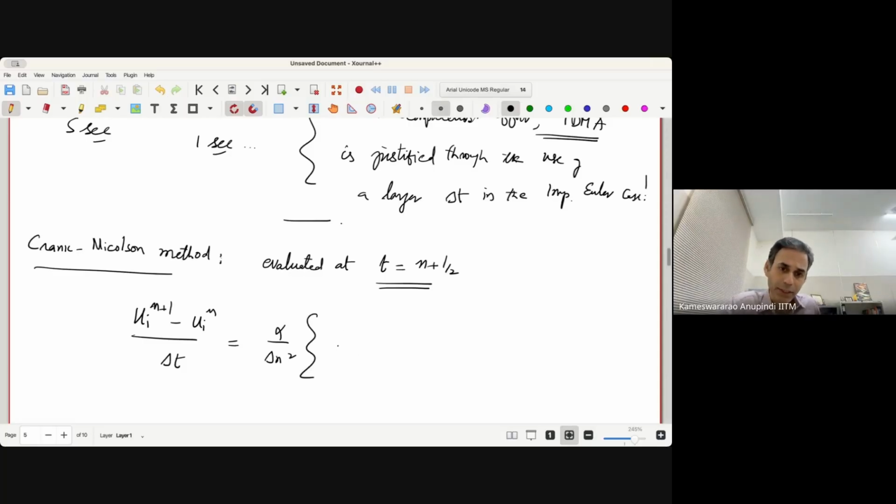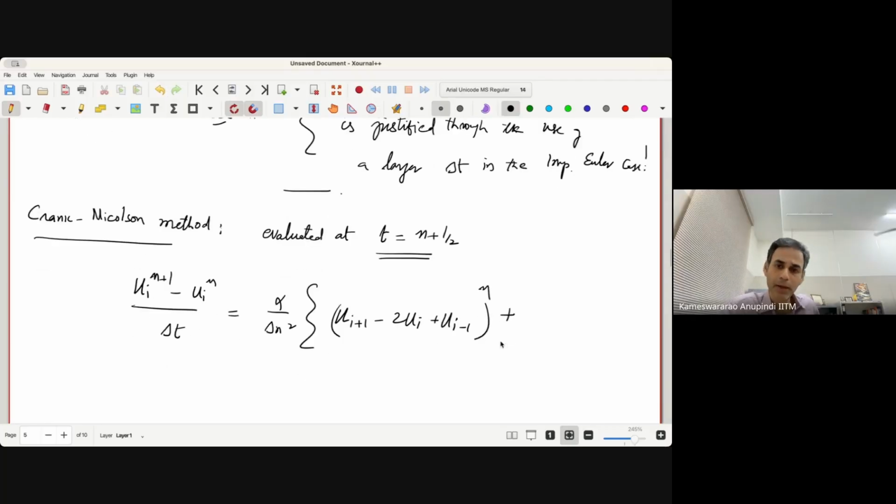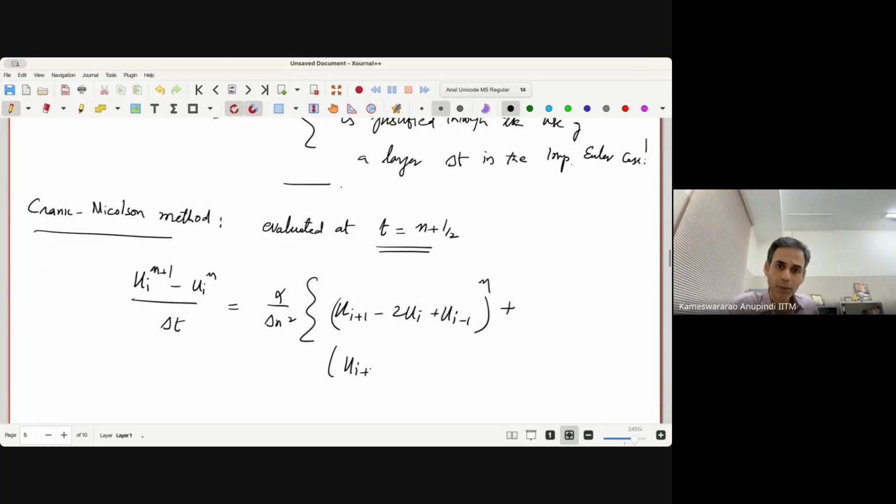On the right hand side, this is going to be u_(i+1) minus 2 u_i plus u_(i-1), all of them at time level n, plus u_(i+1) minus 2 u_i plus u_(i-1) at time level n plus 1, and then the average of these two, so it's going to be 1/2, right? So that's what we said.